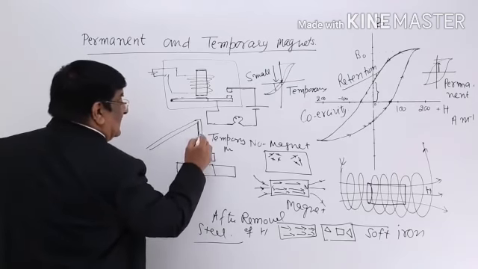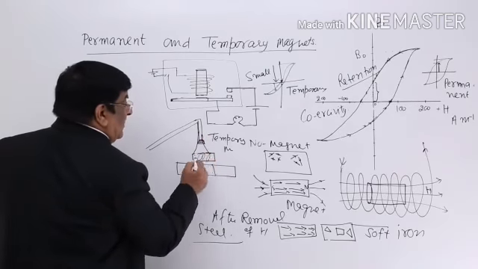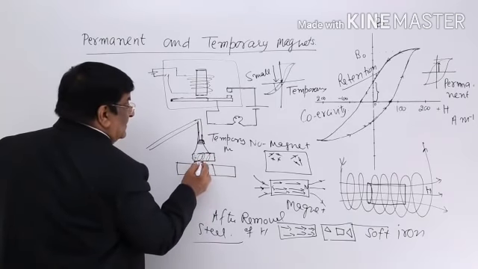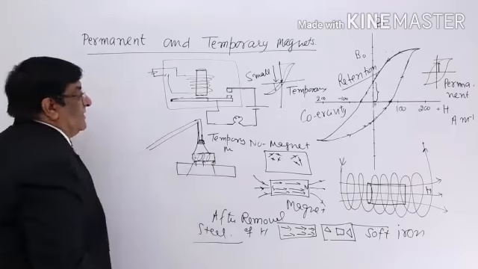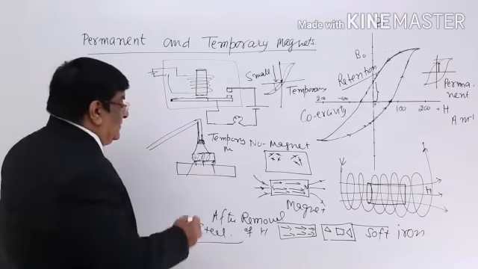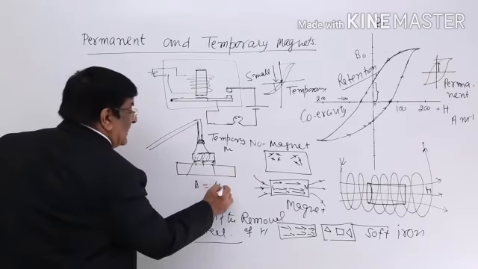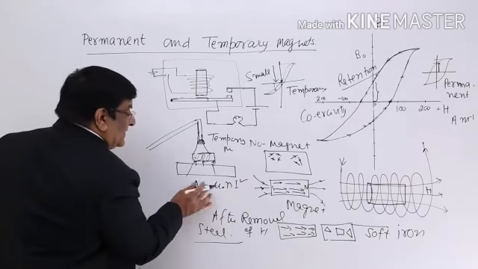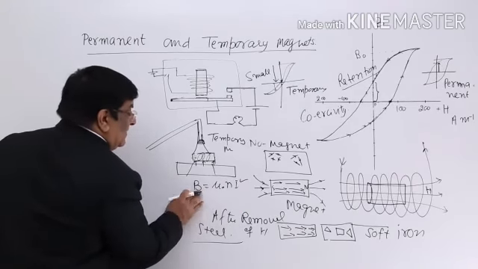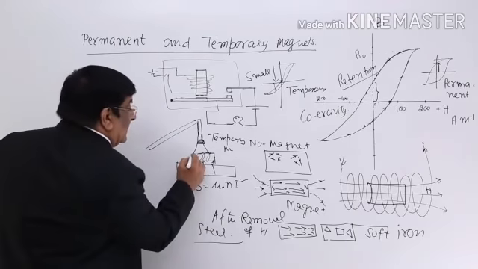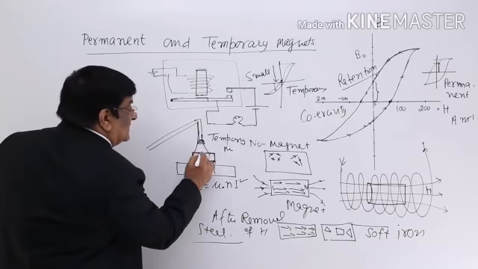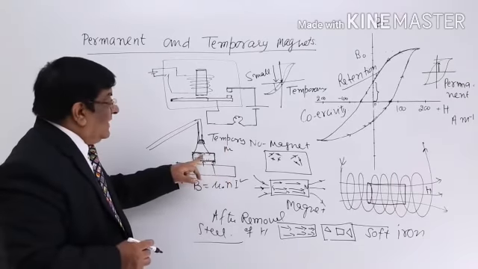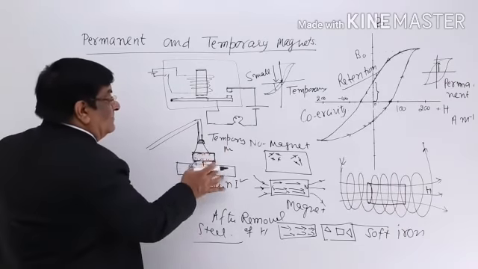When we start current in this, what will happen? This will become a magnet. If this becomes a magnet, it will attract the iron sheet. The current is made so large that the magnetic field is very large, and because of that, this iron piece becomes a magnet of a very good capacity, of large strength, and it attracts the sheet.